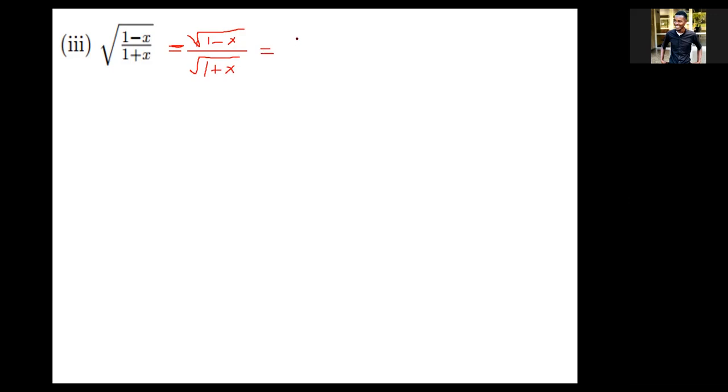Then we can also write this as open brackets 1 minus x to the power half, and then everything over 1 plus x to the power half. So this can also be written again as you take the denominator up there.